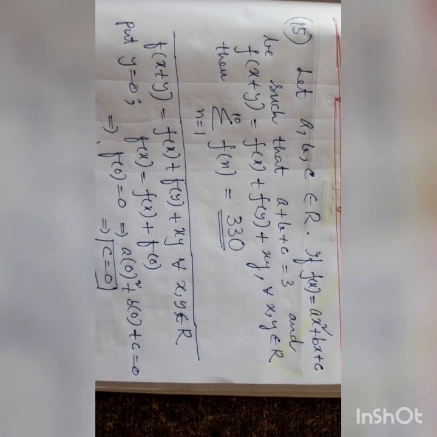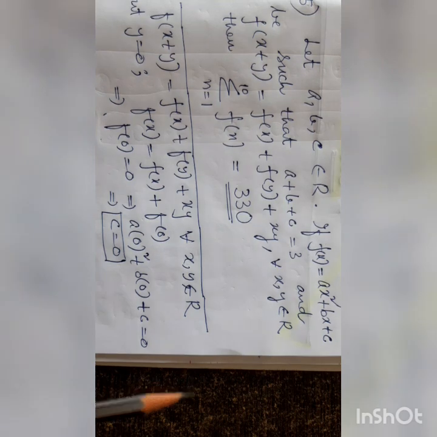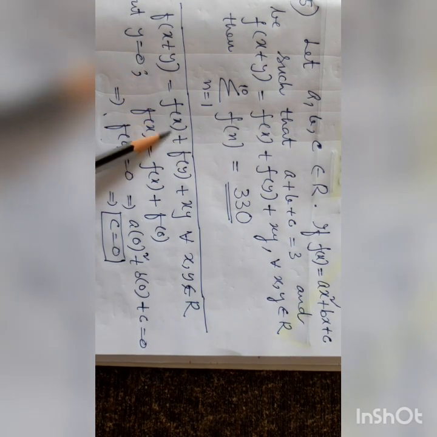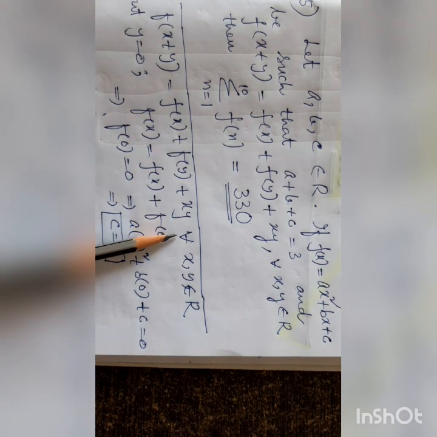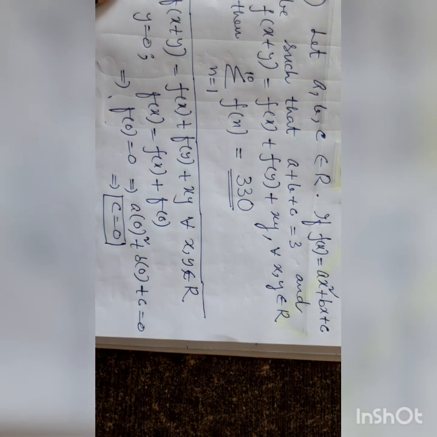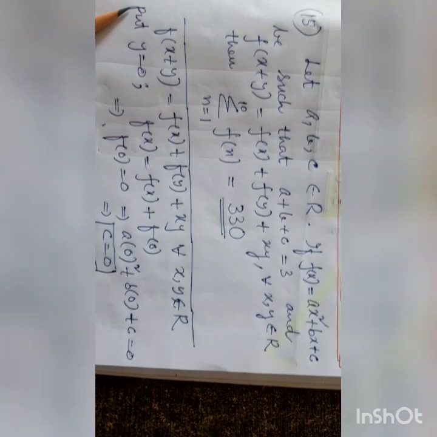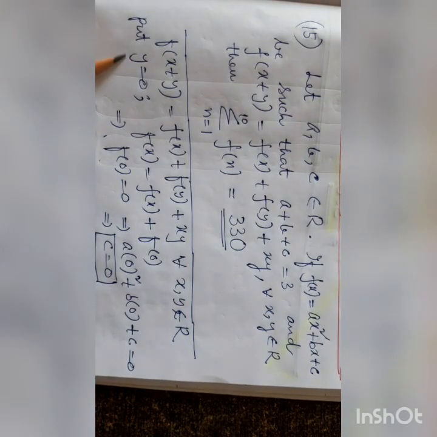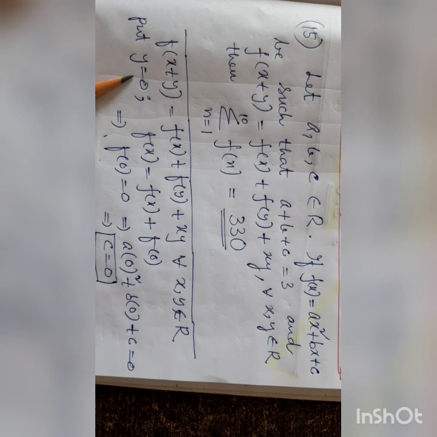Let us take the functional equation f of x plus y equals f of x plus f of y plus xy for every x, y belongs to R. Because this is a real valued functional equation, we can take any value for x and any value for y.